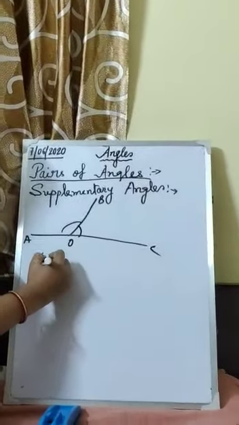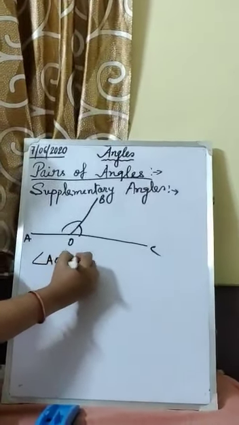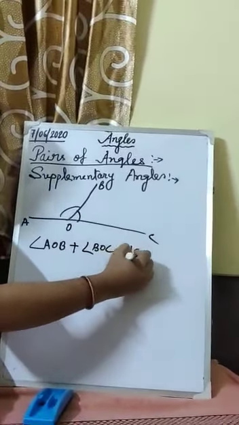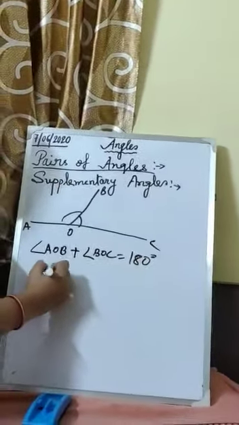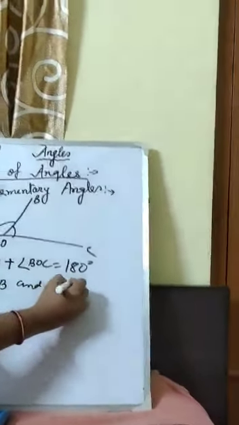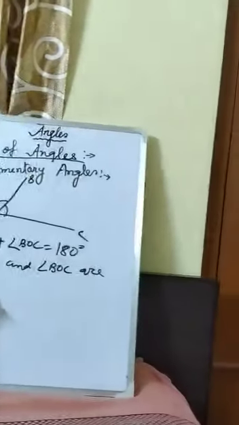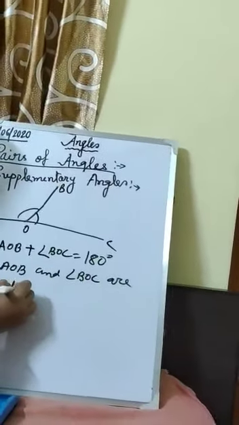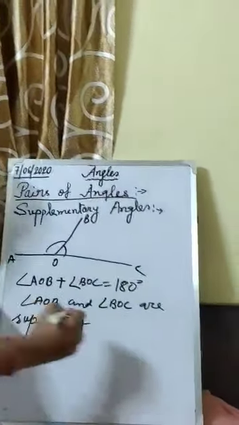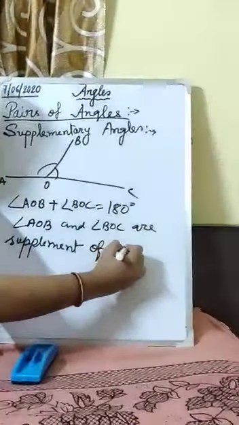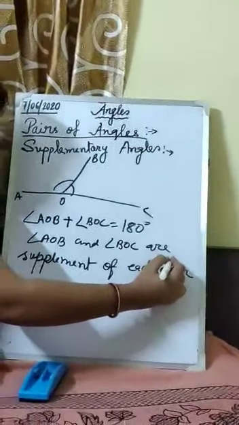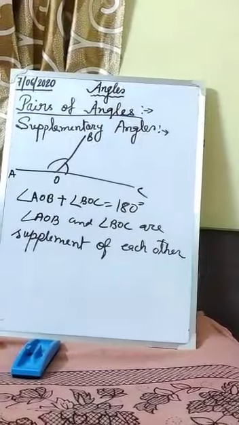So angle AOB plus angle BOC, if you get 180 degree, then you can say that angle AOB and angle BOC are supplement of each other.